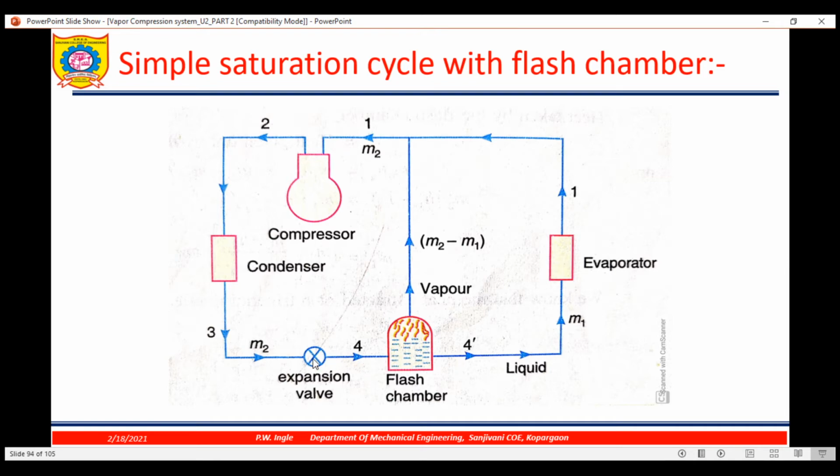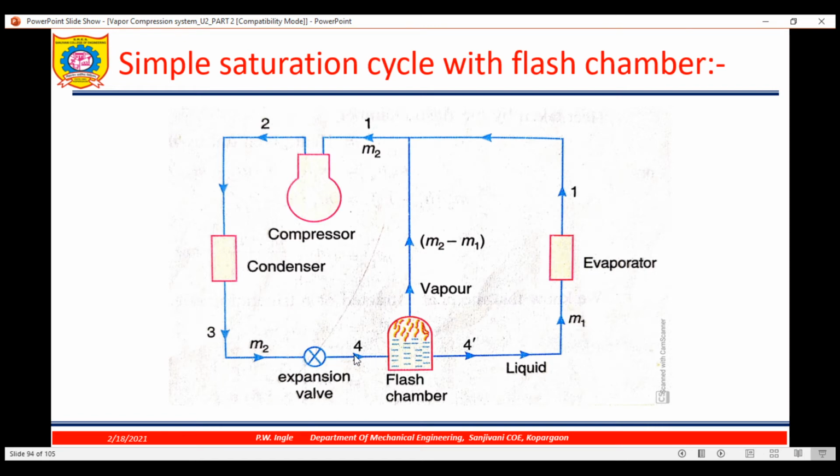By using the expansion device, some refrigerant may evaporate while reducing pressure. So that's why we have to arrange the flash chamber between the expansion valve and the evaporator.